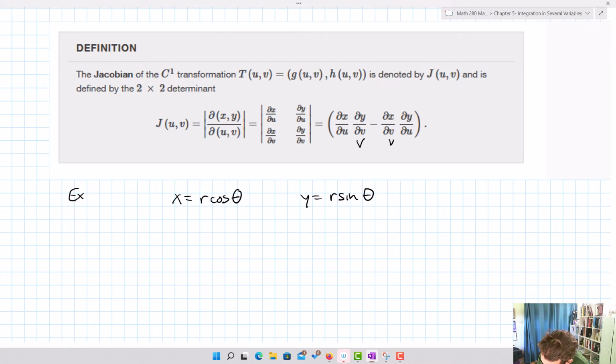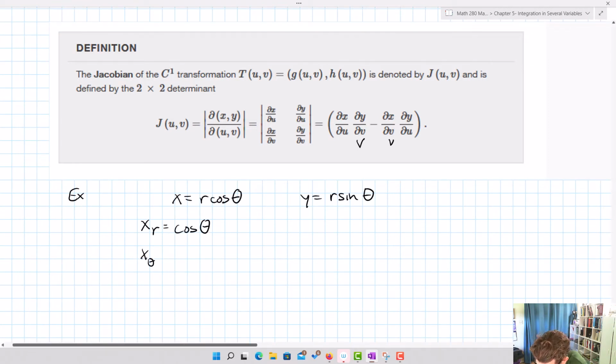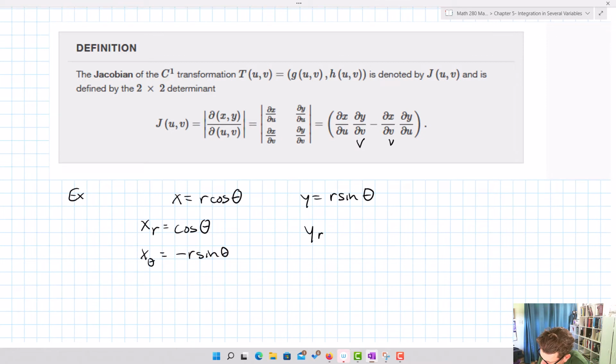If I go in here, I'm first going to find the partial of x with respect to r. So x_r is going to equal cosine theta, and x_theta is going to equal negative r sine theta. Then y_r is going to equal sine theta, and y_theta is going to equal r cosine theta.